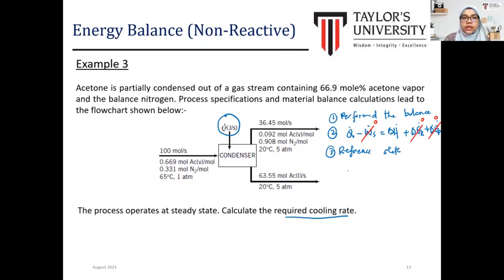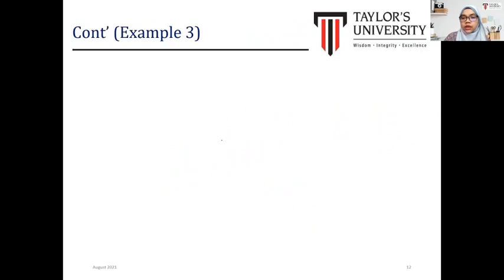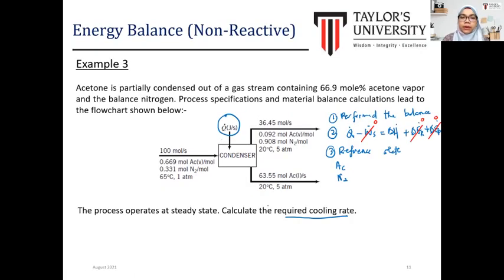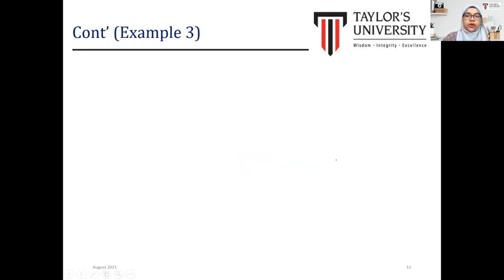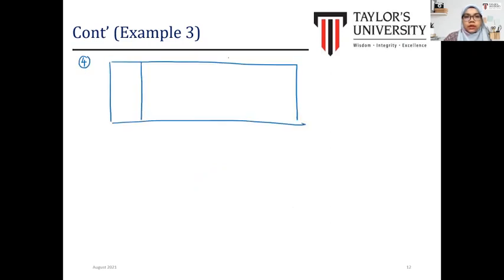So we have acetone and also nitrogen. For acetone, you may choose the state from the table by producing the table. Let's produce the table first, and then you can see how to perform this. The table has the substance, n in, mole per second, and H in.